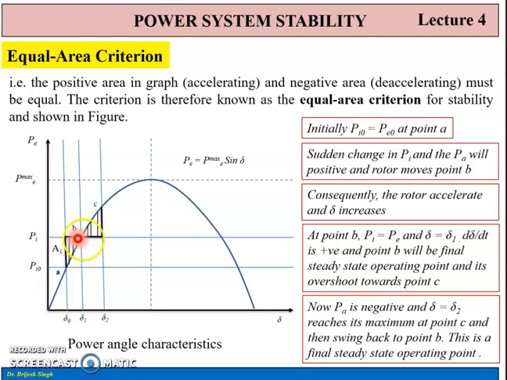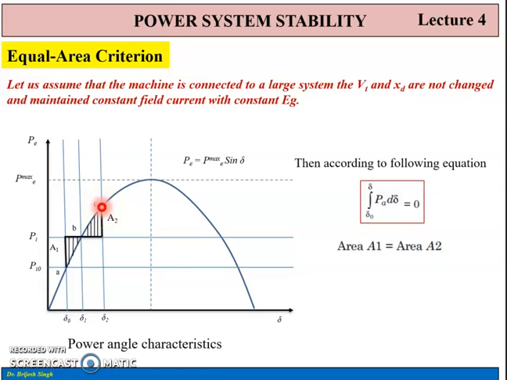However, the acceleration is positive, so the rotor will overshoot and go up to point C. The corresponding load angle changes to delta 2 and the generated power is at point C. If we consider the machine at its maximum generated power output, it will be considered the maximum load angle, and then the rotor swings back toward point B. Because of acceleration it goes up to C, and then it decelerates and comes back to point B.